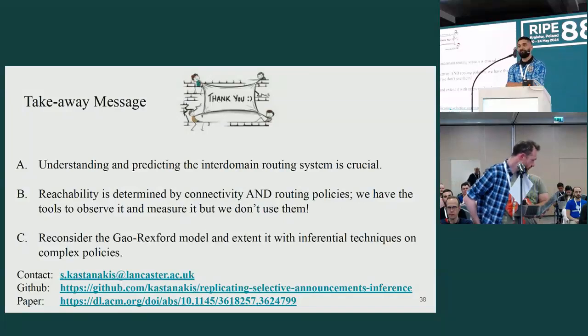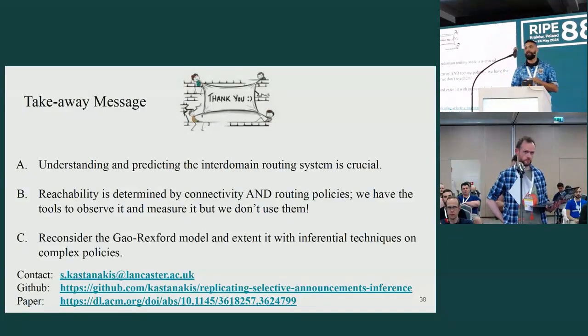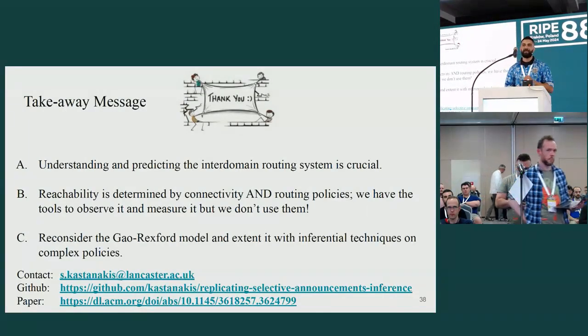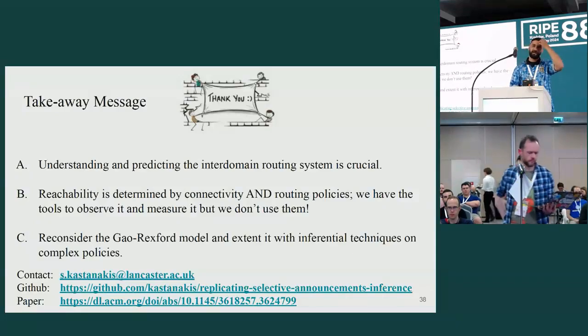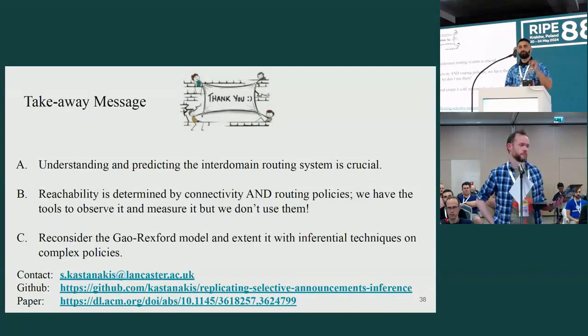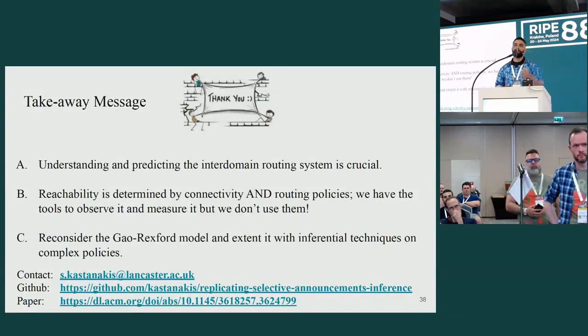If we're speaking about the same paper, that was a survey conducted on network operators. Can you repeat the title, please? Because I'm not sure if we're... The title of the paper is A Survey of Interdomain Routing Policies. That's awesome. So that's a survey conducted on network operators.